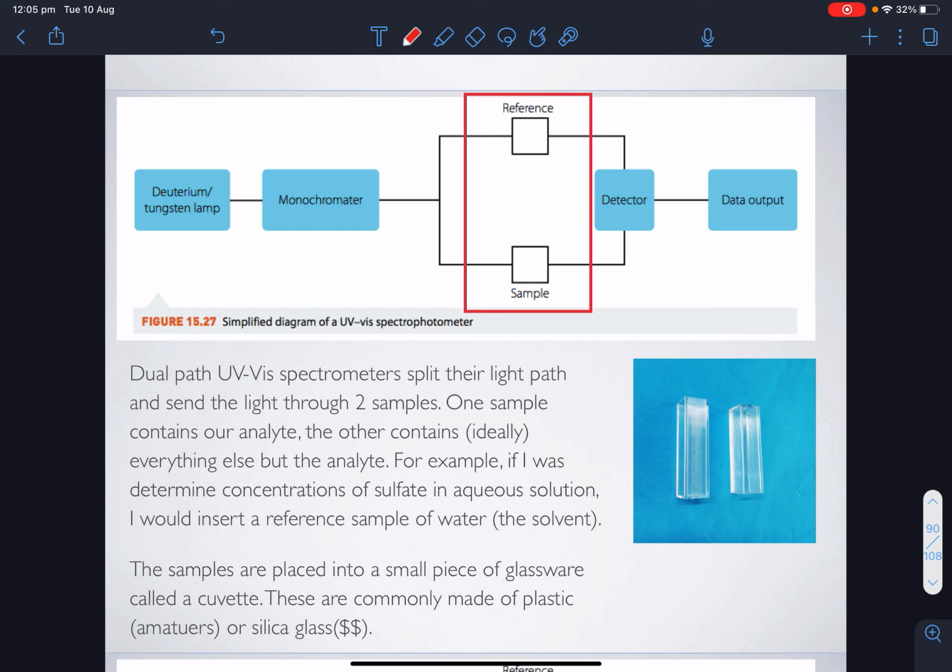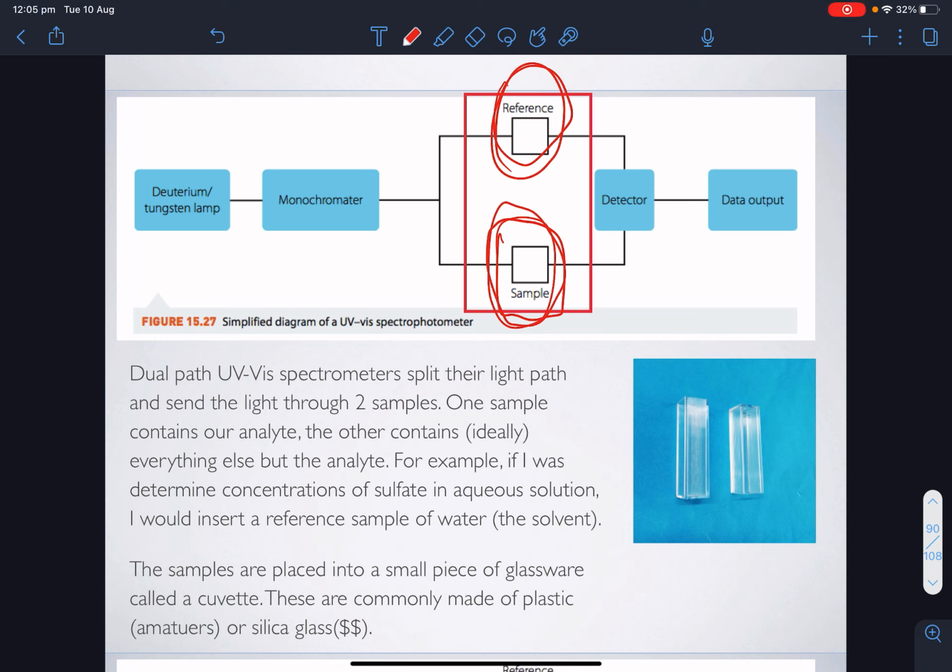Dual path, dual meaning two, UV-vis spectrometers split their light path and send light through two samples. One sample contains what we're trying to measure the absorbance through, so our sample, and the contrast, our reference one. The aim is to have everything in there but what we're looking for.